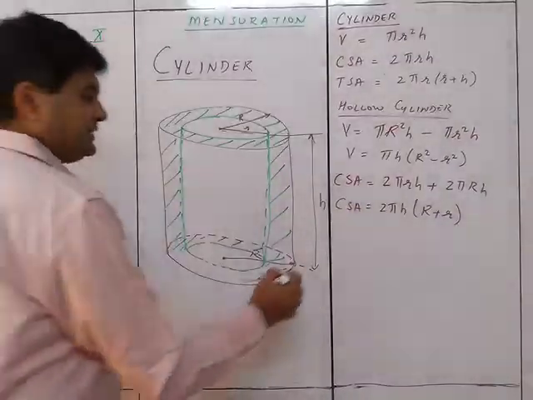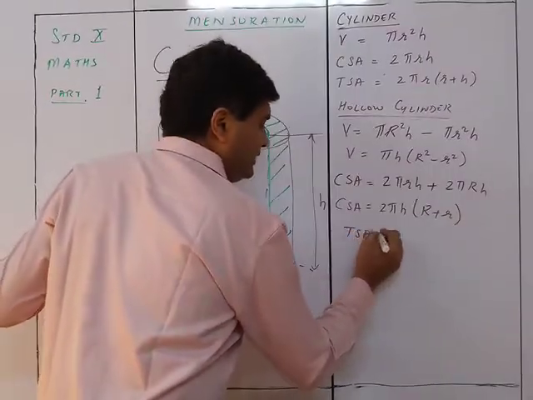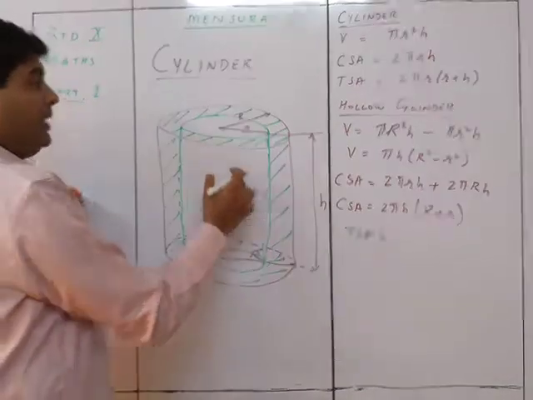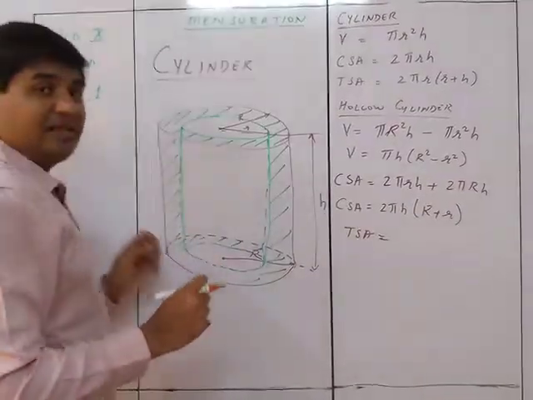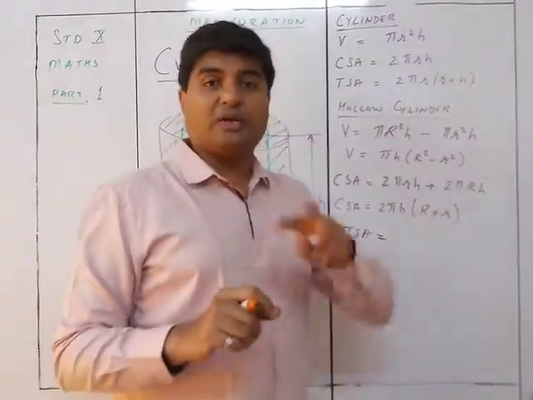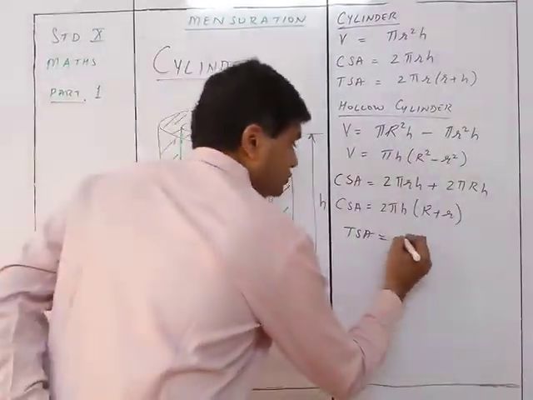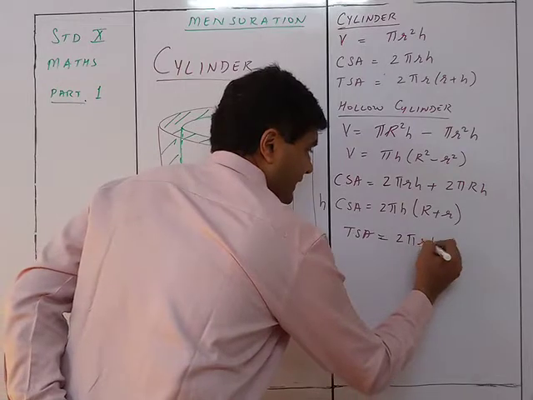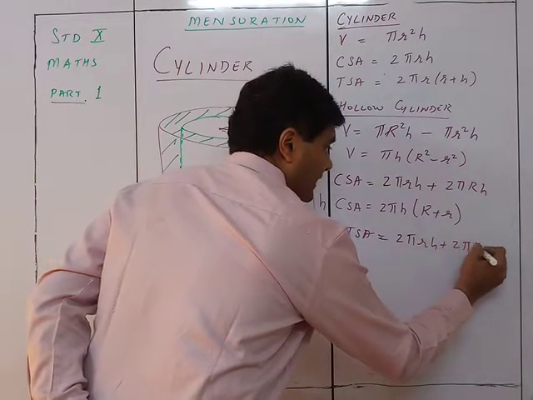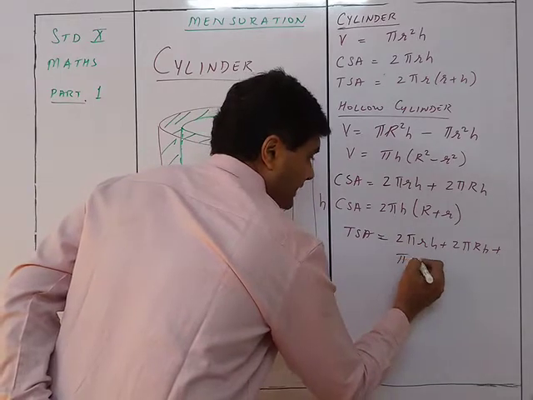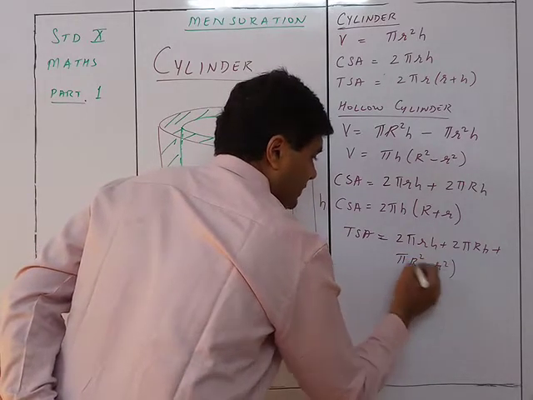Accordingly, what will be TSA? TSA will be, this much is already there, front, back, and now the upper part, that is the ring. I am able to touch the ring also. Upper part also, lower part also. It will be 2 pi R h plus 2 pi r h plus pi (R square minus r square) the whole into 2.